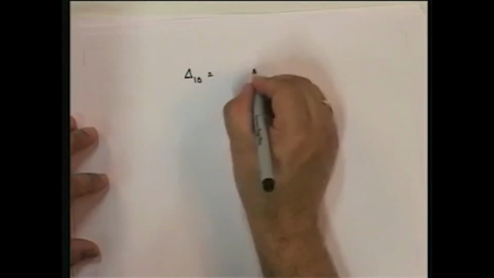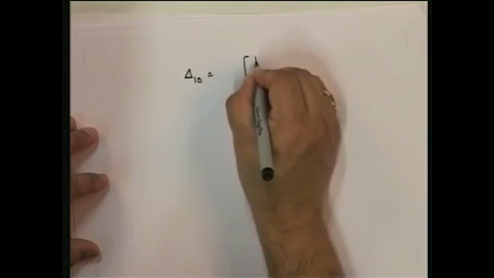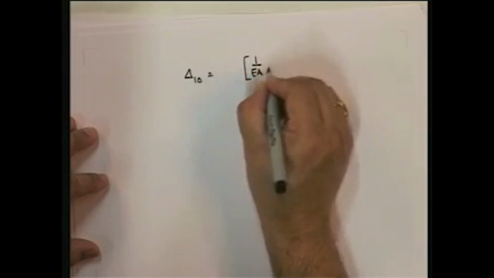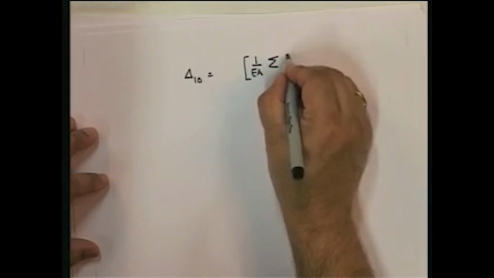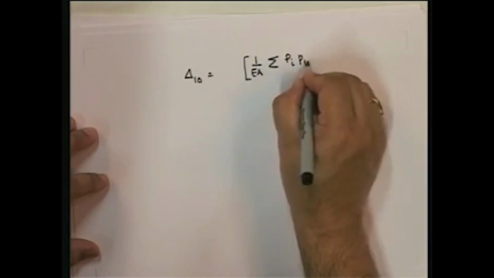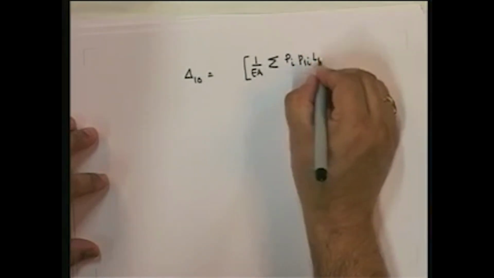In this fashion, putting all of these down using virtual work, delta 1 0 is equal to 1 upon Ea summation P1i Li.